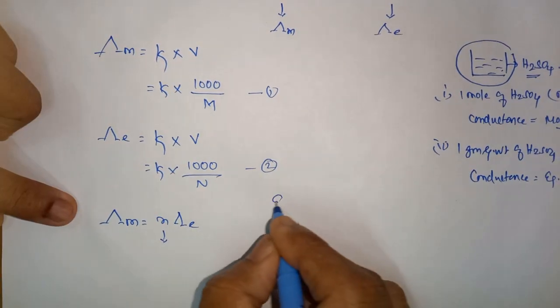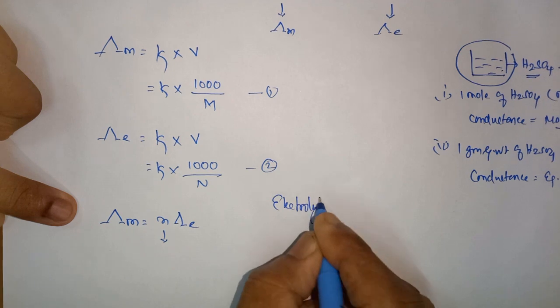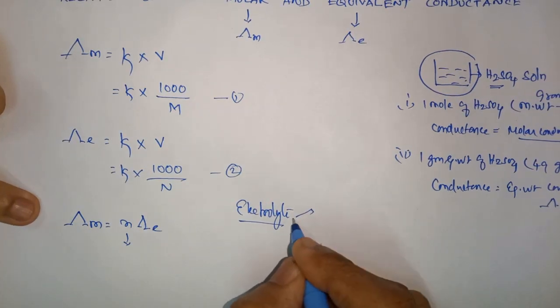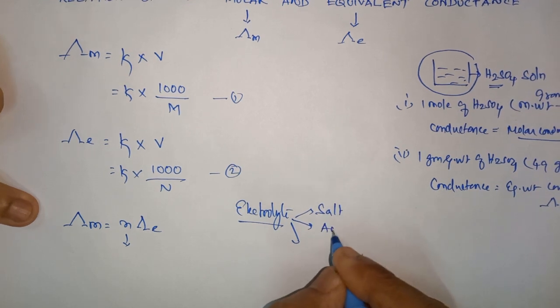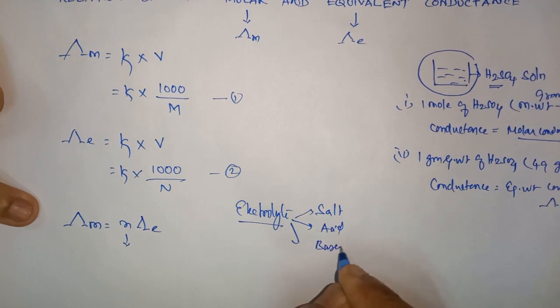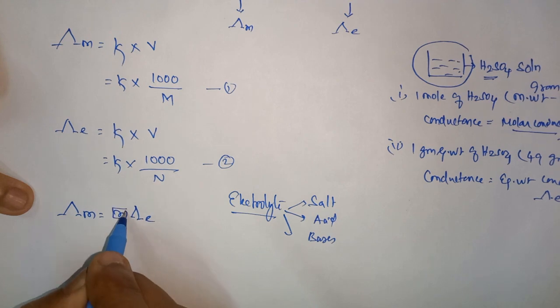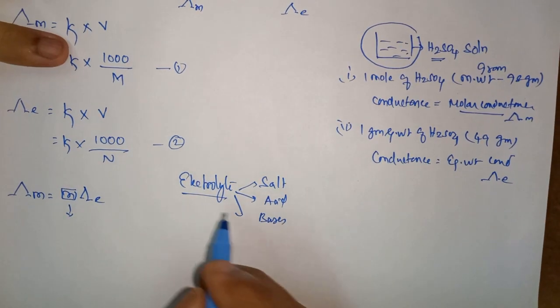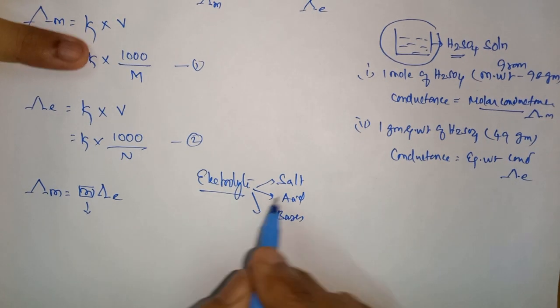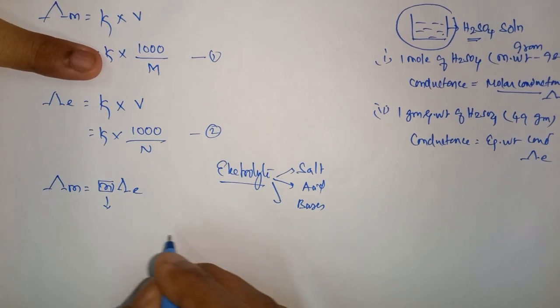Suppose I take electrolytes. I take 3 different types of electrolytes: salt, acid, and bases. This n is related to salt, acid, base. How to find the equivalent weight of salt? You all know the equivalent weight of salt.